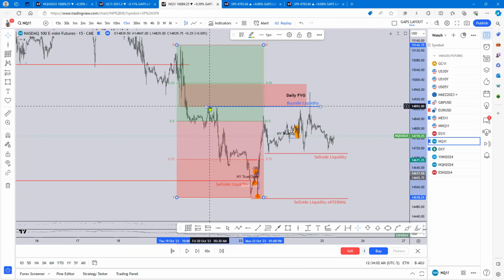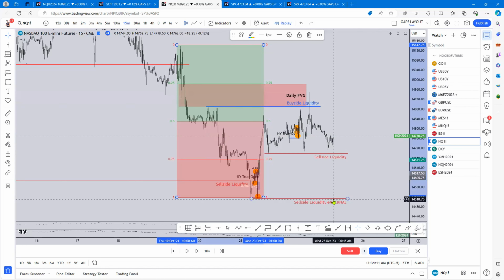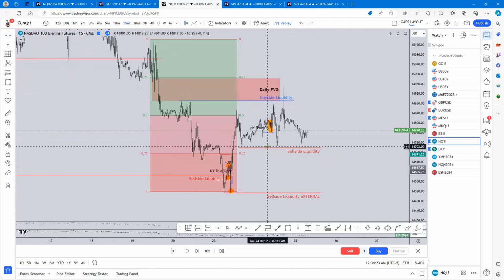This is our internal liquidity inside of a premium, right? This is also daily fair value gap. And then external range liquidity is our target, okay? So danced around equilibrium, took out liquidity finally in here, and then we started to move away. So now we can target, this is our internal range liquidity in the discount, and then external range liquidity in the discount, right?